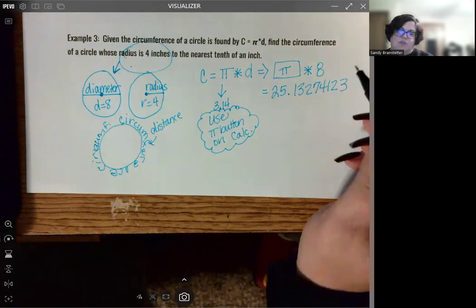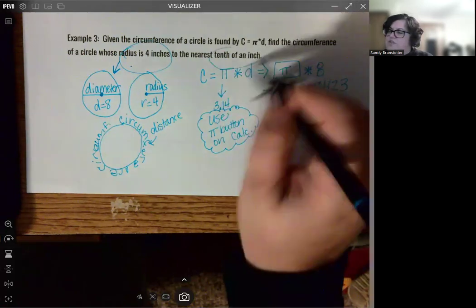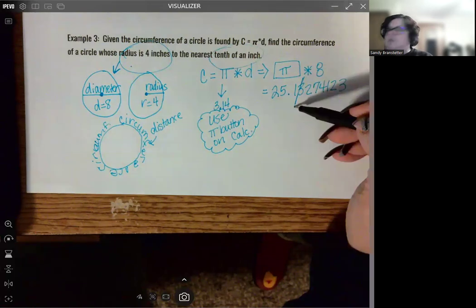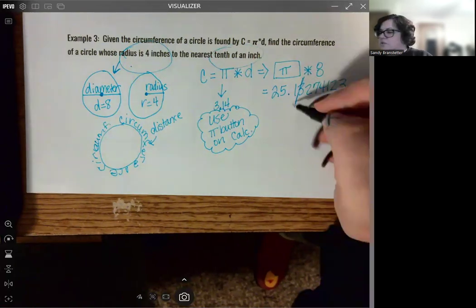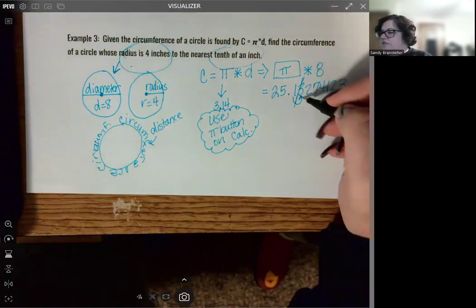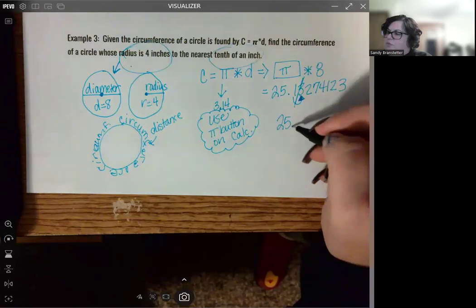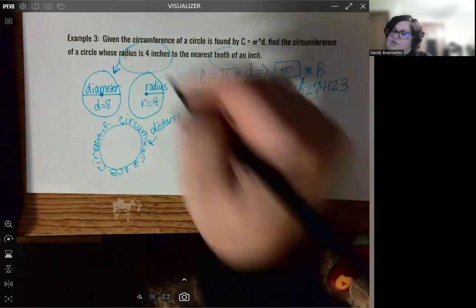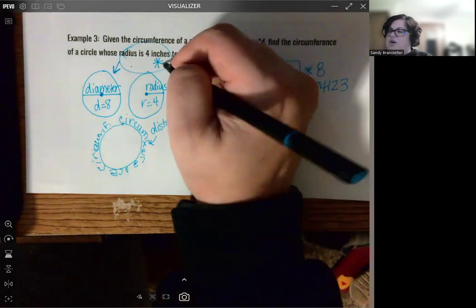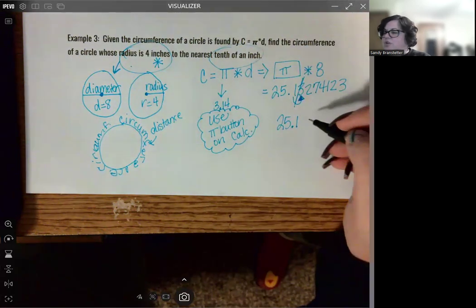And that says round to the nearest tenth of an inch. So that's 1 decimal place. So we look to the number after it. If it's 5 or higher, we round up. Otherwise, we leave it. So 25.1. And our units will be the same that our radius and diameter are measured in.